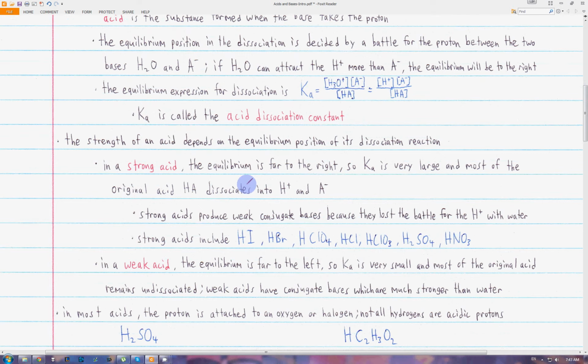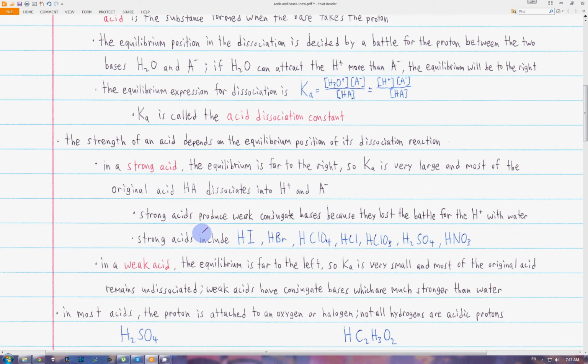So the Ka value is very large, and the original acid basically completely dissociates into its ions. And since it's so far to the right, that means its conjugate base lost the battle with water for the proton. So strong acids produce very weak conjugate bases.